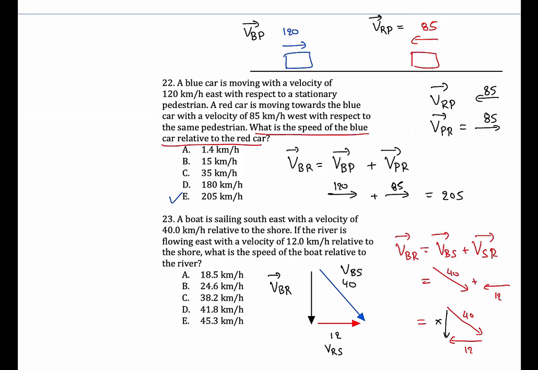So we can say x squared plus 12 squared is equal to 40 squared. So x is equal to the root of 40 squared minus 12 squared, and I suspect that the value will be a little bit less than 40. And it is indeed 38.2.